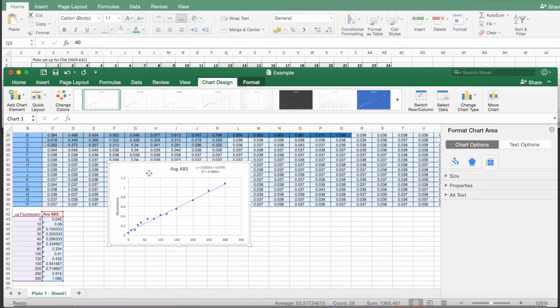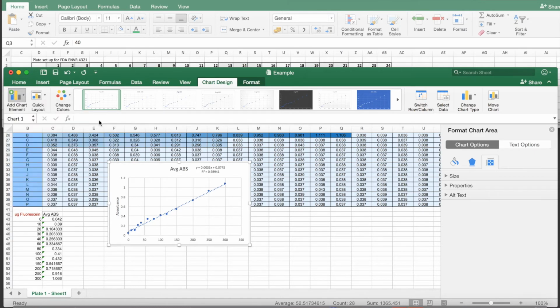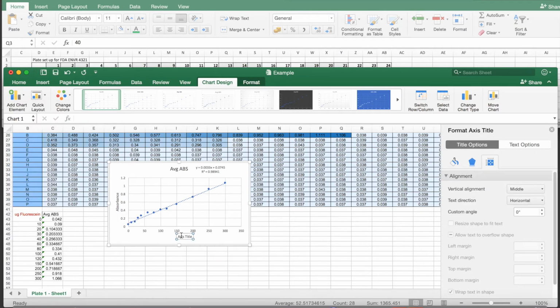I'll also add a title to my horizontal axis, which is concentration of fluorescein in micrograms.